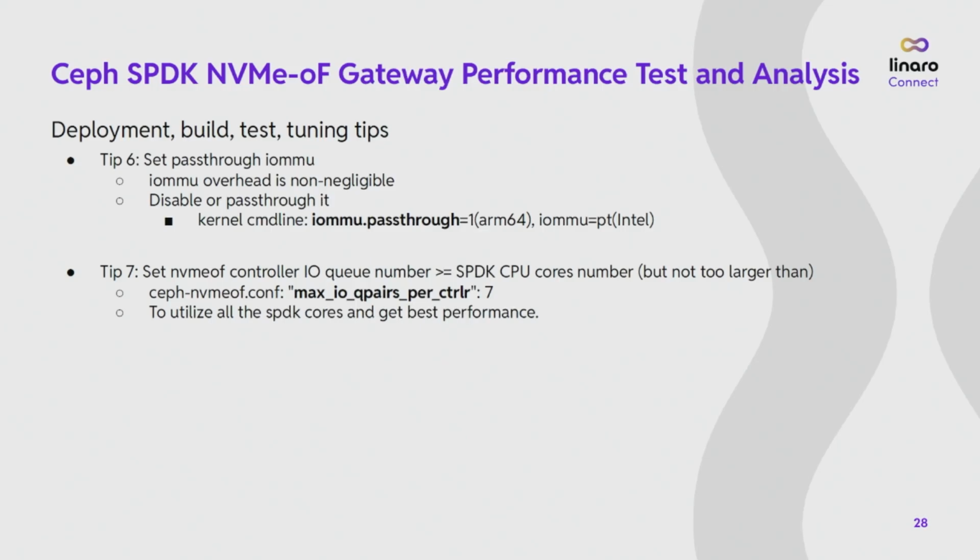And tip 7, we need to set the NVMe controller IO queue number greater than the SPDK CPU core number, so that we can utilize all the SPDK cores and get the best performance. If you don't do that, you will see some SPDK cores idle and not running anything.